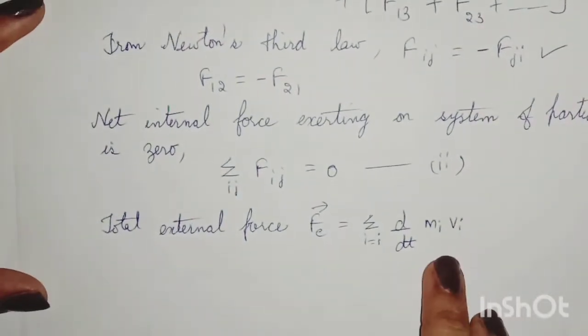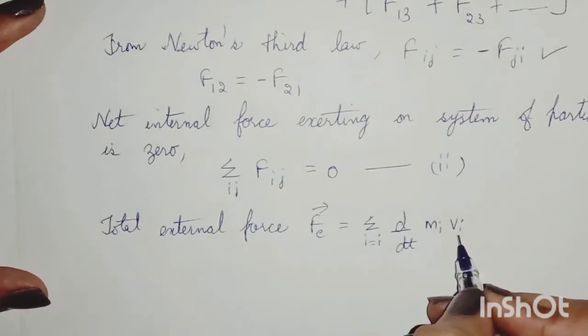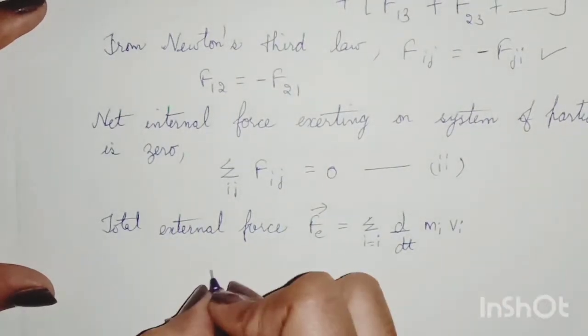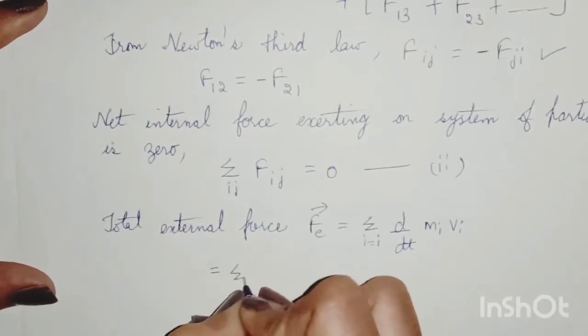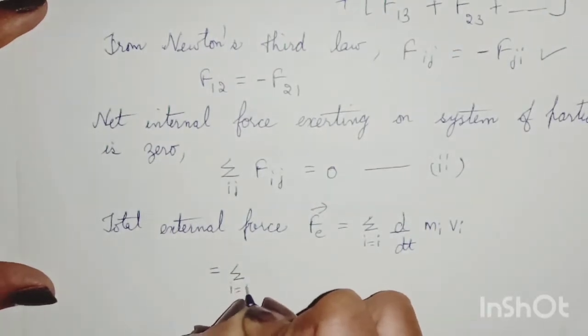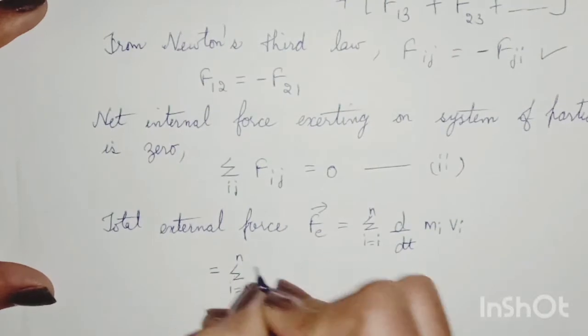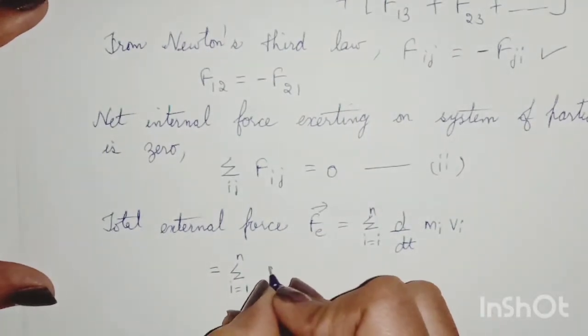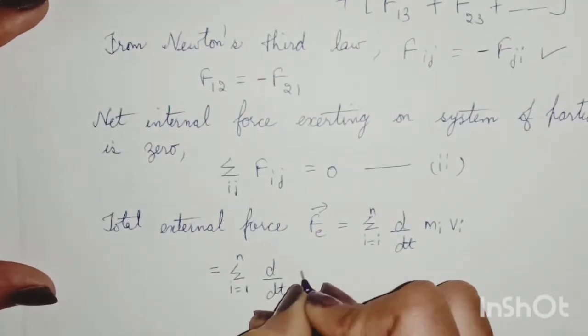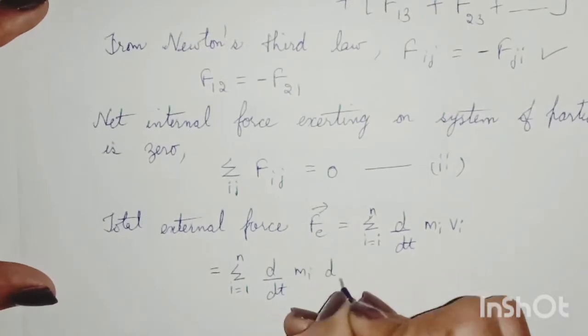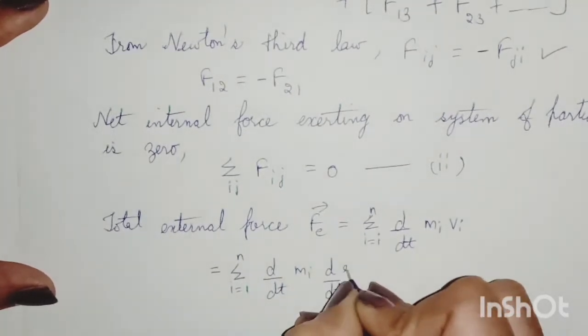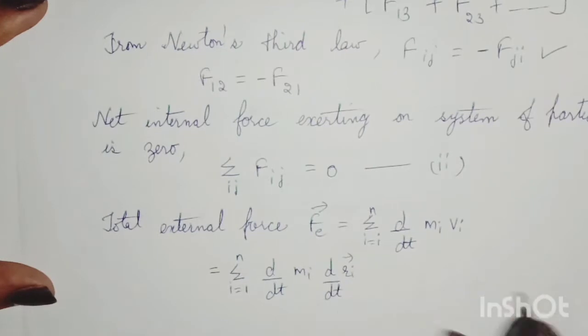Here vi is our velocity, so we can write it as summation over i equals 1 to n of d upon dt of mi times d upon dt of ri vector.